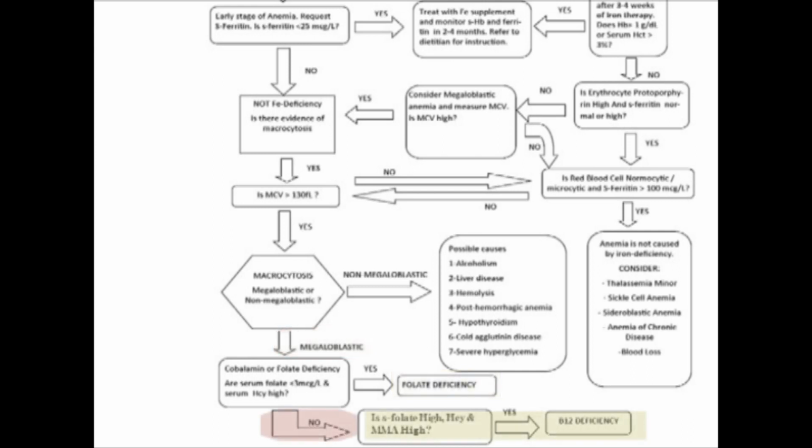If the answer, however, is no to the question, is the serum folate under 3 micrograms per liter and is the homocysteine elevated, then at this point we ask whether or not the serum folate is elevated, if the homocysteine is elevated, and if the methylmalonic acid is elevated. At this point, if the answer is yes, then we're dealing with a megaloblastosis due to B12 deficiency.